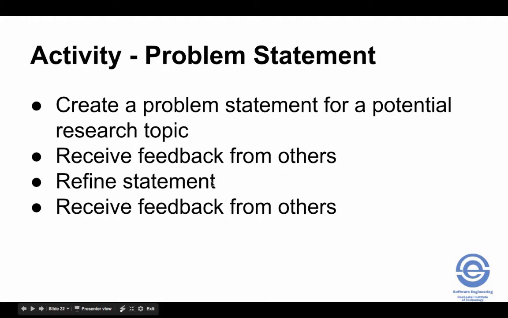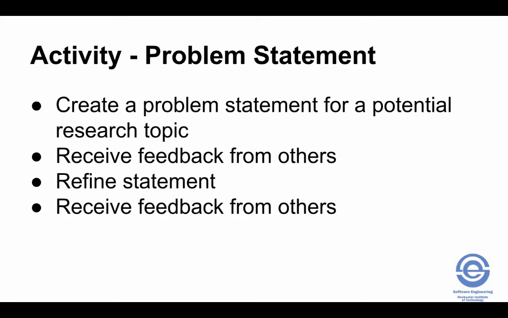So what you'll be doing for the activity is that you'll be creating a problem statement for a potential research topic, and try to, like I said a minute ago, keep this realistic as far as a good research topic. You'll then, inside of My Courses, inside the week 3 discussion, post this problem statement, and everybody else in the class should give you some feedback on this problem statement that you're posting.